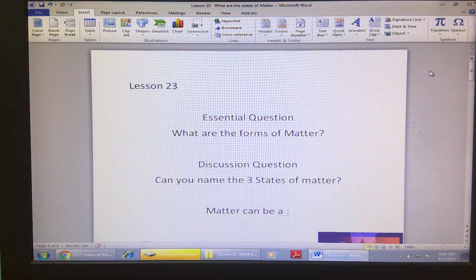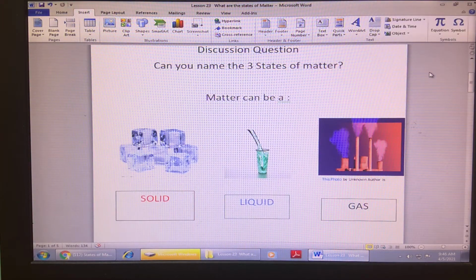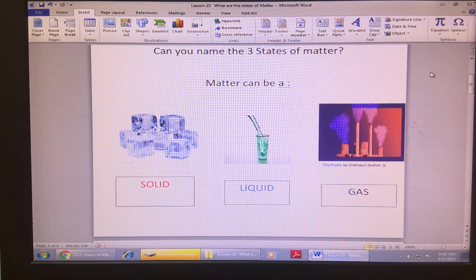Okay, let's take a look at those three states. Maybe you have this right. Matter can be a solid, a liquid, or a gas. If we just use water as the example, as a liquid we have water. As a solid, we have ice.